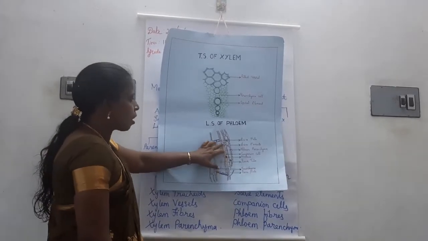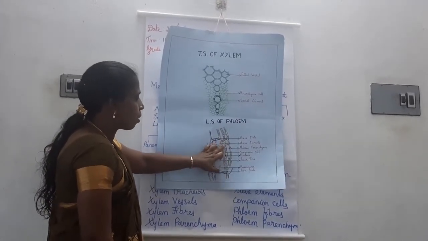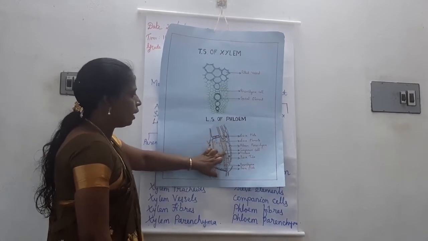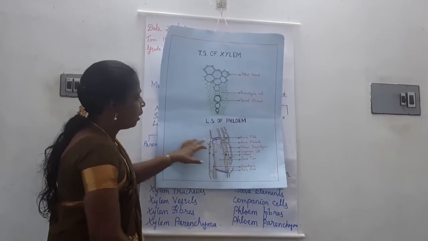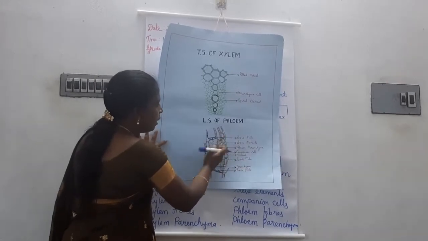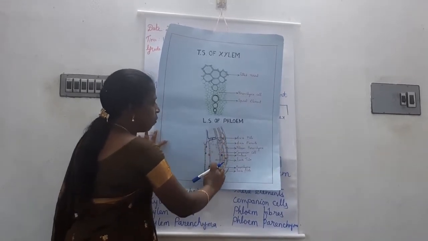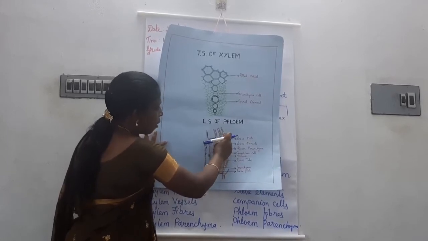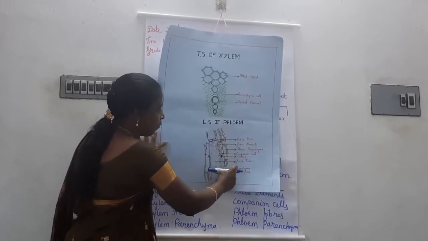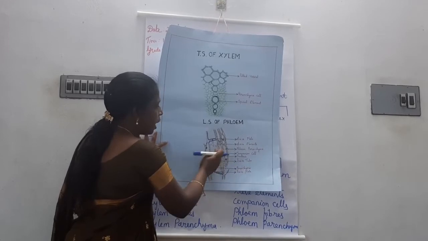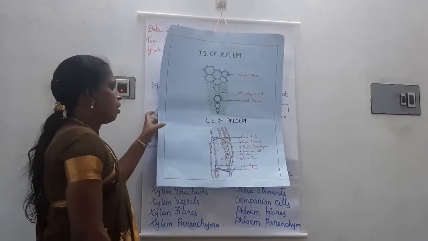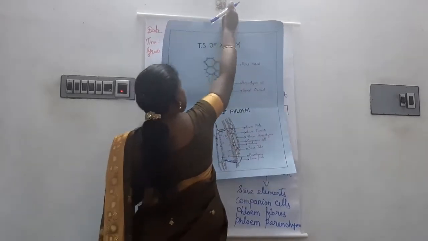The companion cells are elongated cells. It is also a dead tissue. It consists of a thick walled and lignified wall. These companion cells are placed along the length of the sieve elements and work together with the sieve elements. So that is the companion cell.